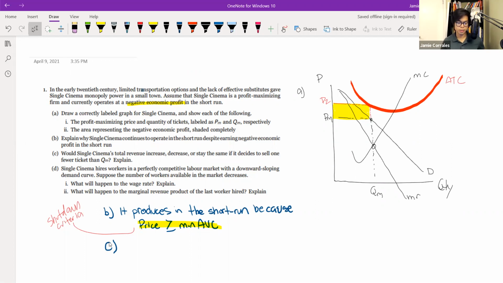So if it decides to sell one fewer ticket, if you look here, we can see that marginal revenue is increasing. Well, it's not increasing, it's actually decreasing, but it's positive. So in other words, if this firm were to decide to sell one fewer ticket, then it's losing out on some revenue. So total revenue would decline.